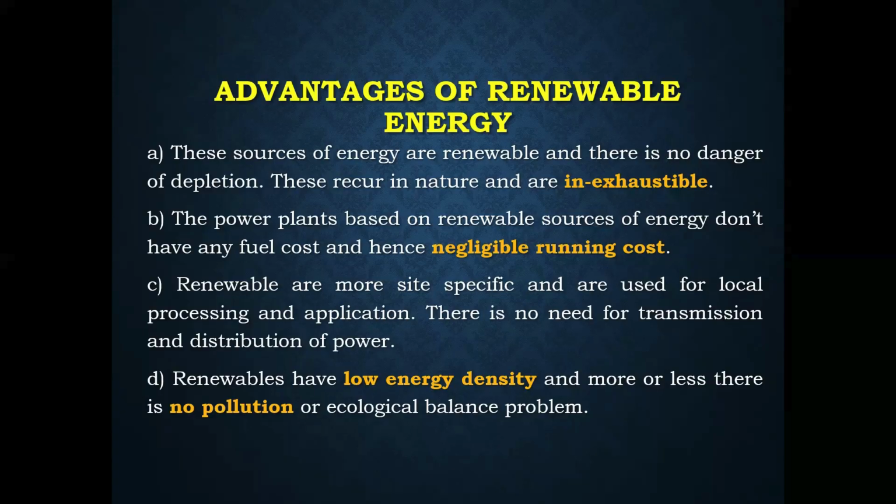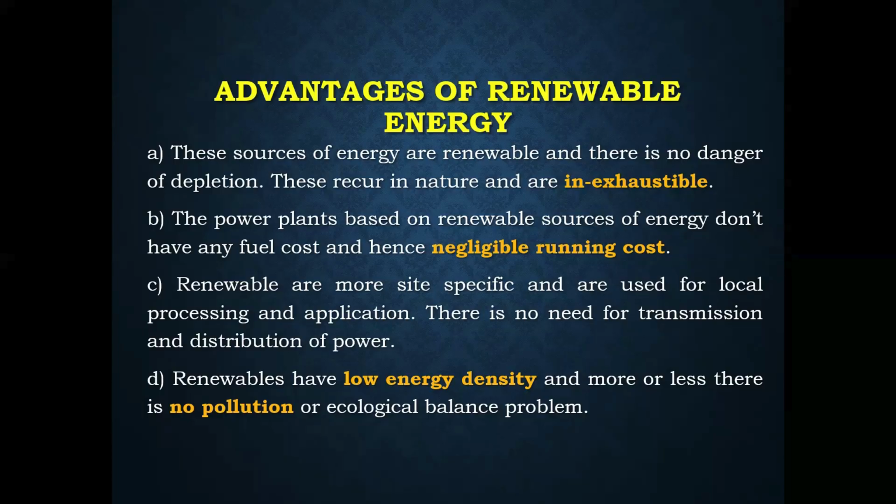Why? Solar energy comes directly from the sun, so we need not spend much money on raw material. Even for wind, and for biomass we collect waste. So the raw material cost is negligible, and the running cost of these power plants is also very low.